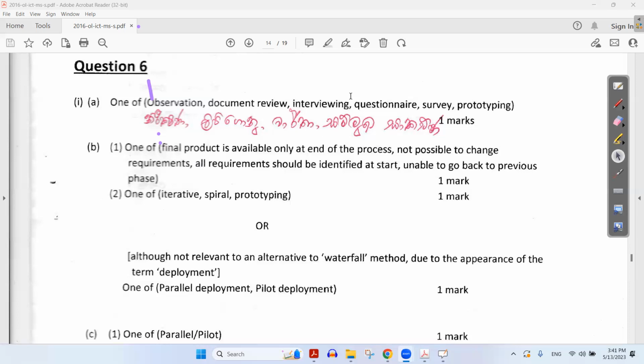And in the second one, they have given the models: iterative incremental model, spiral model, and the prototyping model. Right, that gives you 2 marks again.